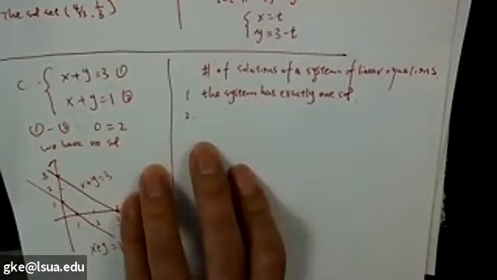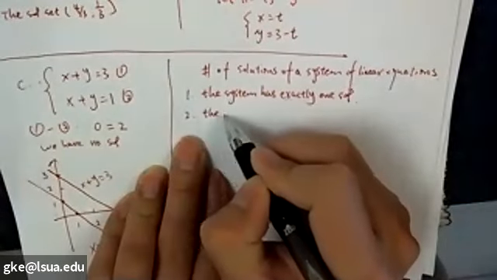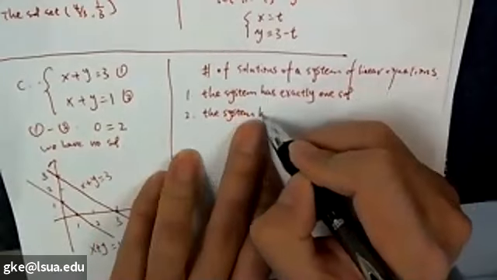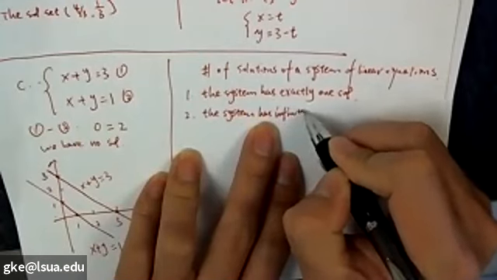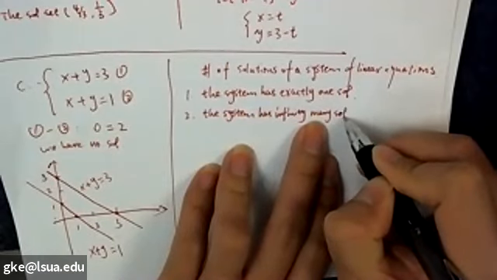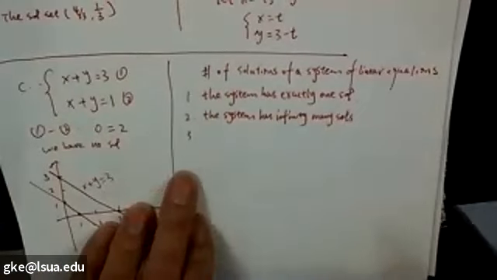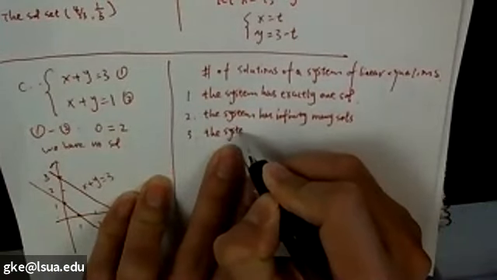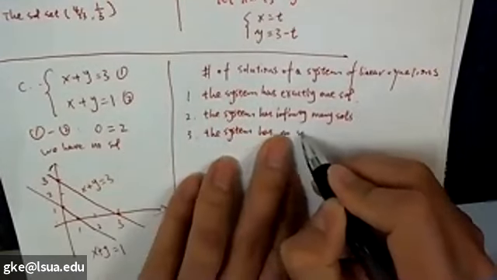The second case, the system has infinitely many solutions. Third, the system has no solution.